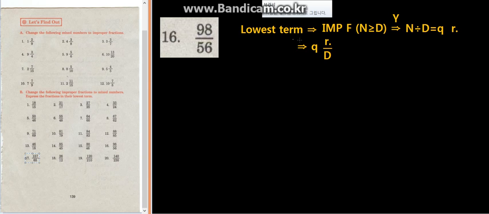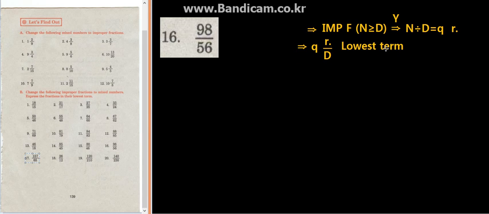Based on this, let's solve it. First, let's consider if this is in the lowest term. We can consider this here, or later in the middle, but let's do it first anyway. 98 over 56. Is this the lowest term?